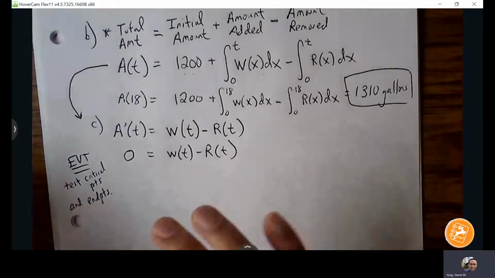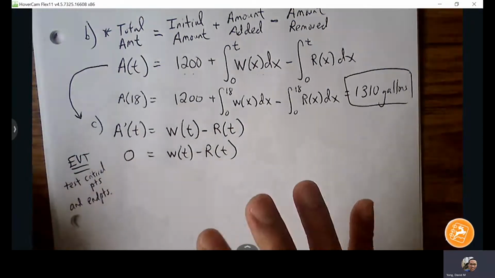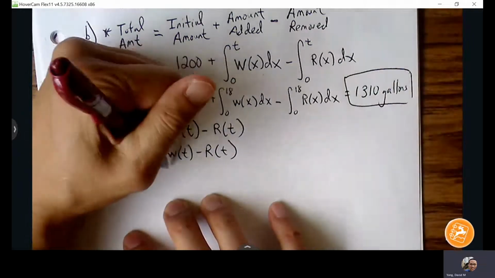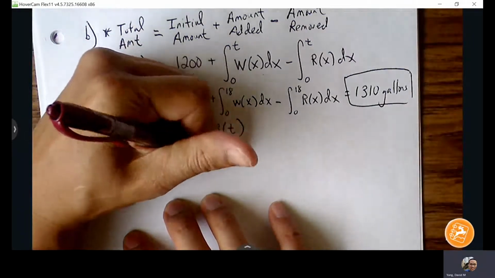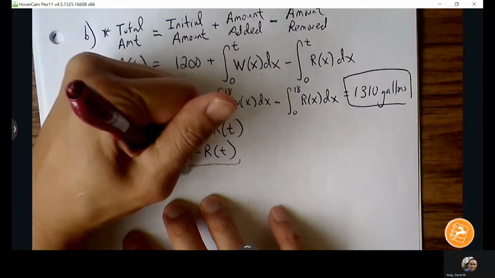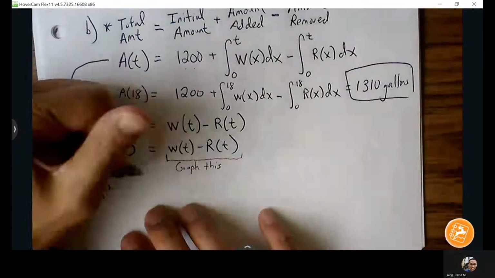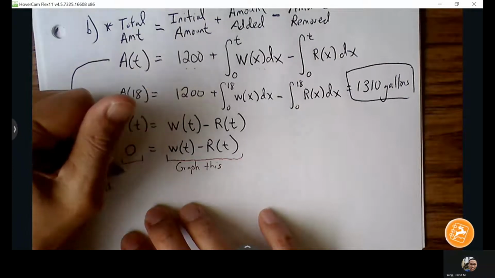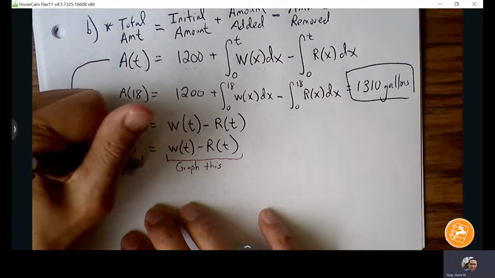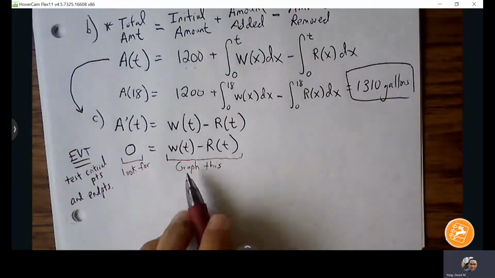Because we have such a complex function, we're not going to solve it by hand. We're going to make the calculator do it for us. We're going to graph this and look for the what? Well, not intersection.